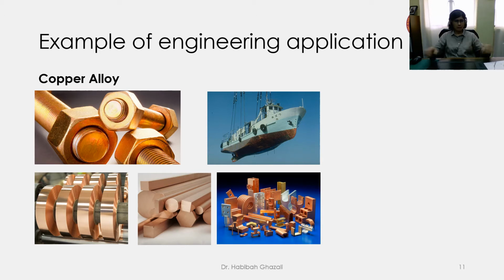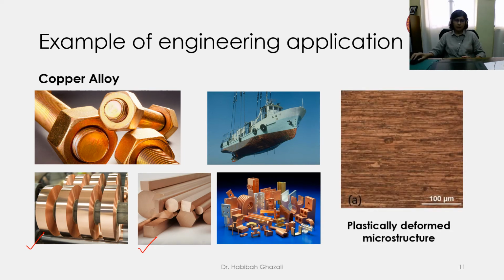So as you can see in this image here, there's a roll of copper alloy foil, and also bars of copper alloy that have been extruded, gone through an extrusion process. And if we look at the microstructure of these products, what we can see is that the microstructure is plastically deformed.